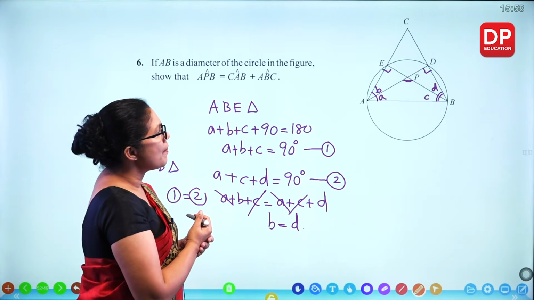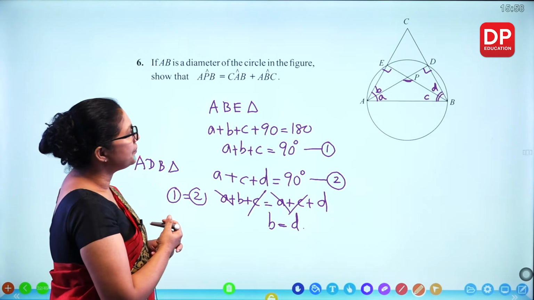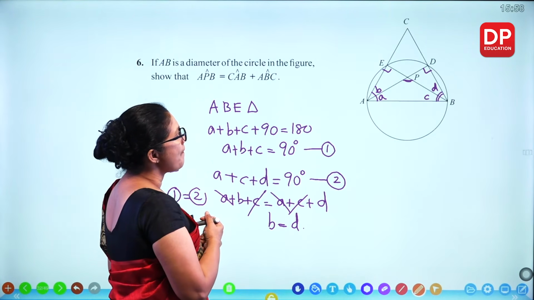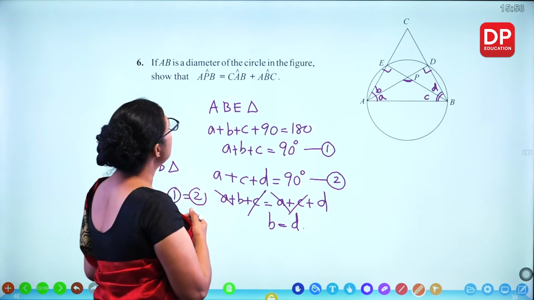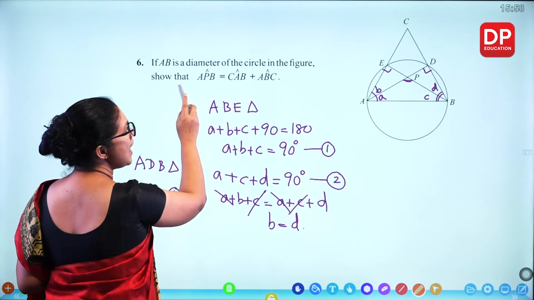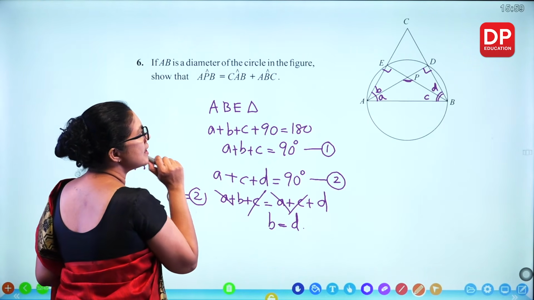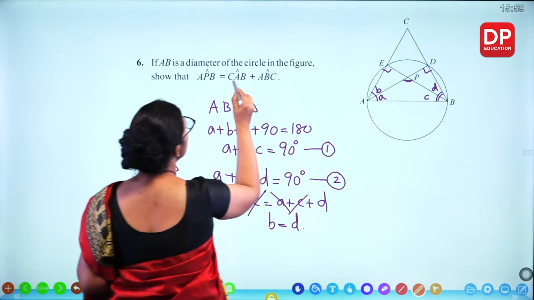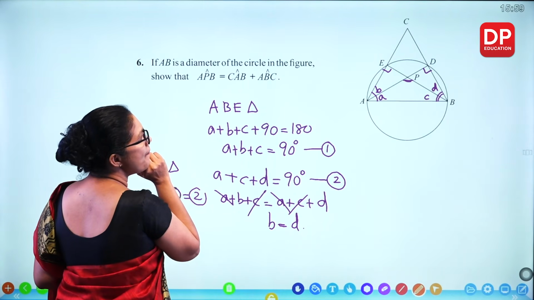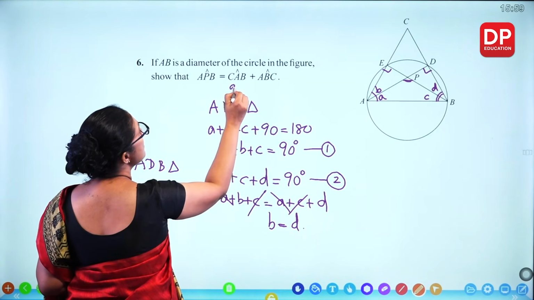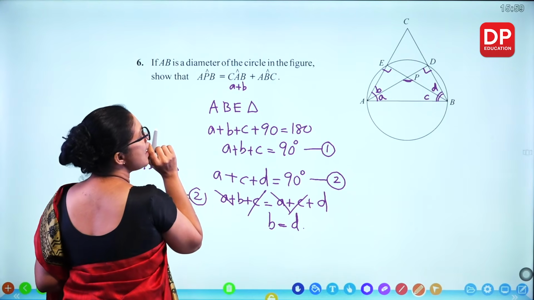So what can you say about P angle? We need the relationship for APB. This angle is equal to CAB, which is A plus B. What is ABC?